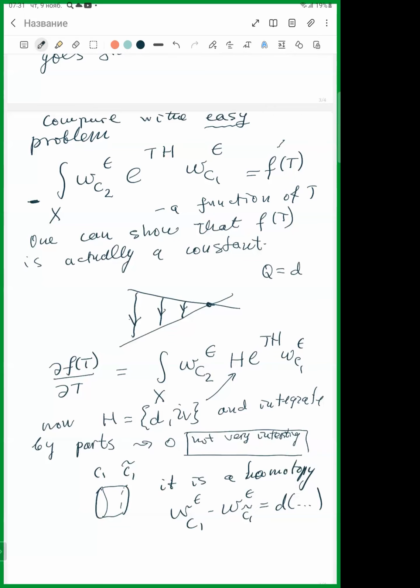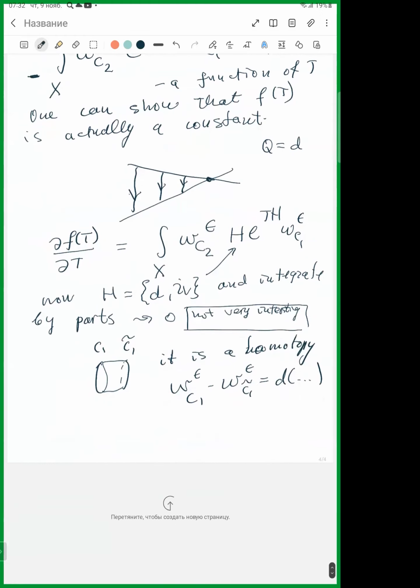Well, just say x is two-dimensional. And the flow of h is something very simple, just a vertical flow.